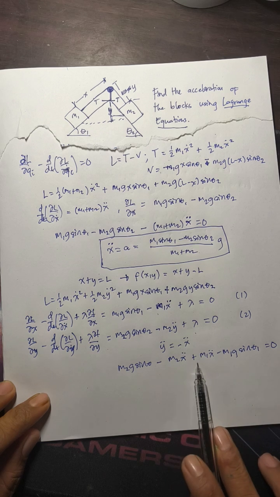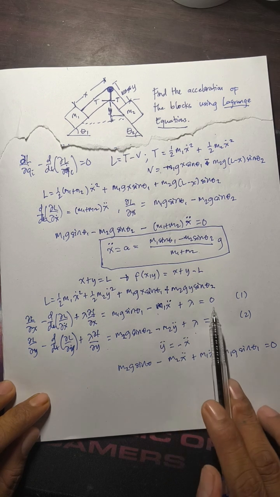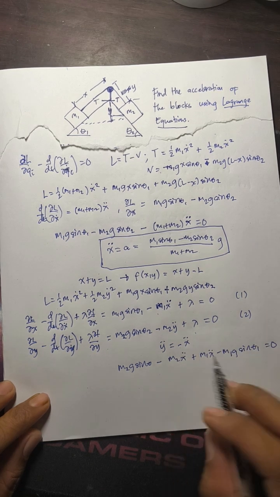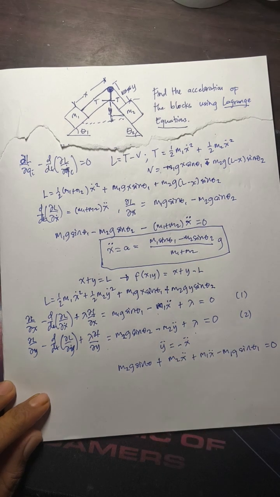And as you can see, wait, did I miss something here? Transferring this one here. Okay, sorry, minus x double dot, so this becomes plus x double dot.